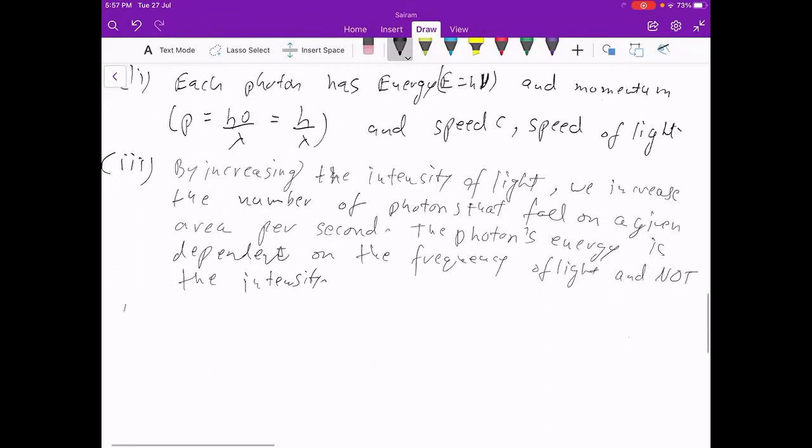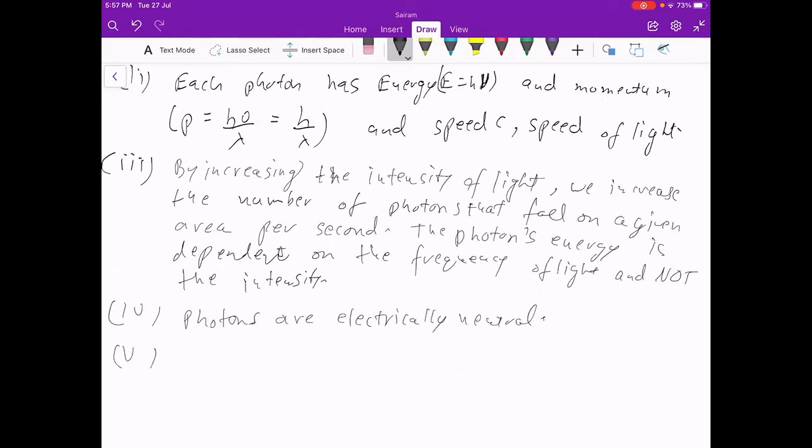Next one. Photons are electrically neutral. There is no electric charge on photons. Next one, last one.